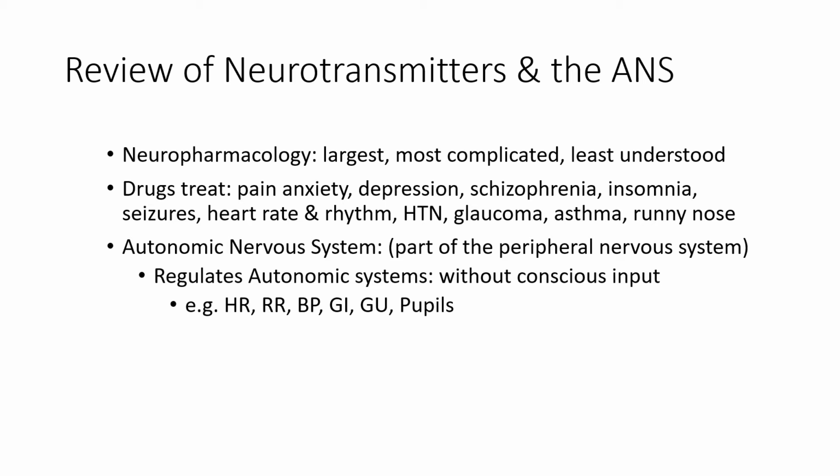I find if you don't get it after the first run through, listen to it again. Don't go through the whole semester not understanding the autonomic nervous system, because it comes up everywhere. And then you always find yourself having to think back. It's like, oh no, is it a beta receptor? Is it an alpha receptor? Oh no, and what does this drug do? And so really try and get a good handle on it near the beginning, okay?